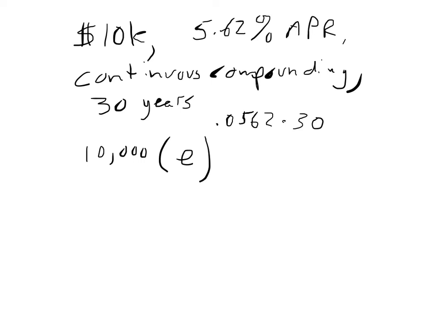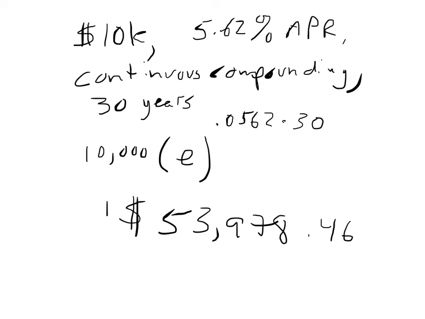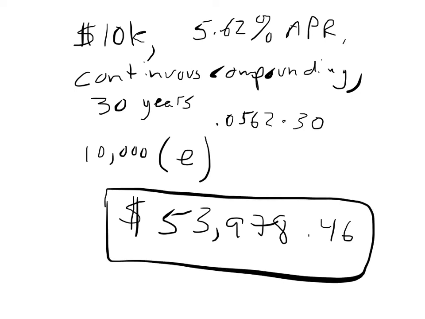And I get about $53,978.46. Actually, I would round down, since it's 46.4608, so it is 46 cents. Banks are not going to round up and give you more than what you've earned. So basically, if I look at this continuous interest in a 30-year period, I can more than quintuple my money with a 5.62% APR investment.